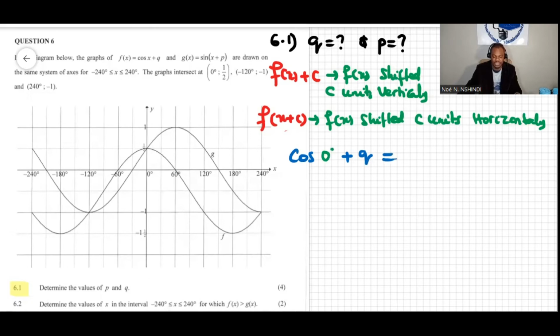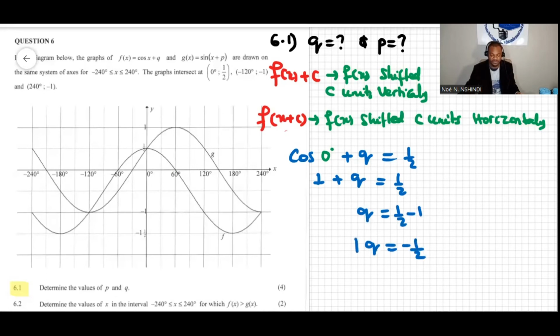At 0 degrees, the value is a half. So cos of 0 degrees plus q is equal to a half. We do know that cos of 0 degrees in the original graph of cos x is equal to 1. So 1 plus q equals a half. To find q, I move the 1 over: a half minus 1, so q is equal to negative a half. This is the value of q.